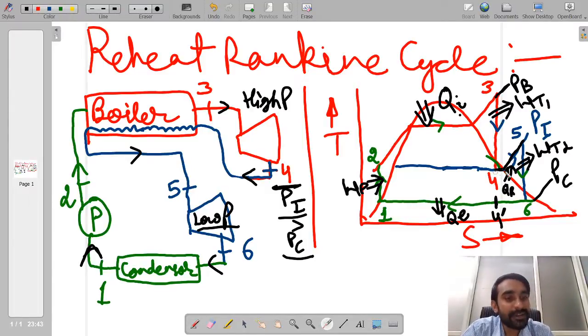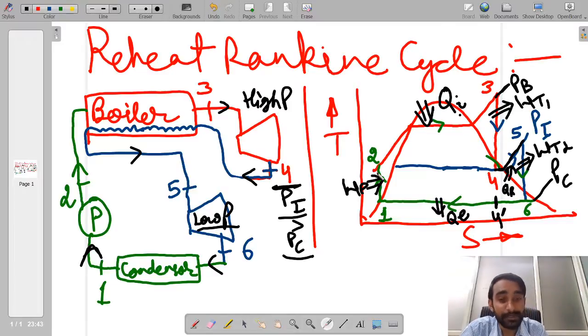However, after incorporating the reheating, our quality at the exit of the turbine has actually improved. Now though overall we have done the heat addition at the high pressure, that's why there will be an increase in efficiency overall.